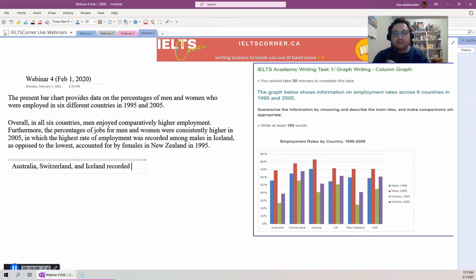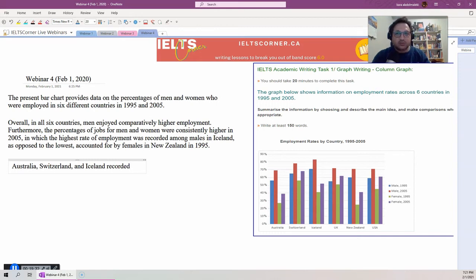What we can say about the general trend is that the employment for males was generally higher than females, which is what we already talked about in the overall statement.